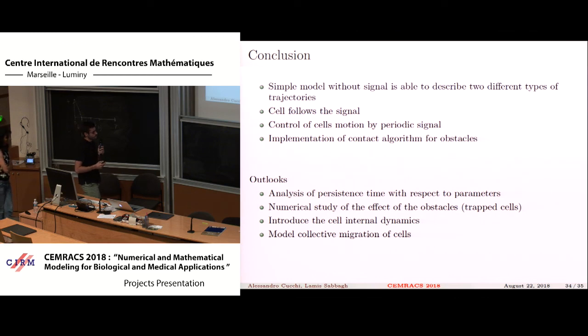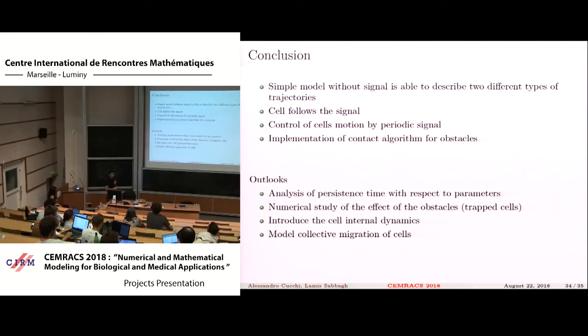The second one is the model in which we take into account the signal, so we see that the cell is going to follow the signal. And the third one is a model with a periodic signal in which we have found a way to control the cell. And then we try to implement the contact algorithm.